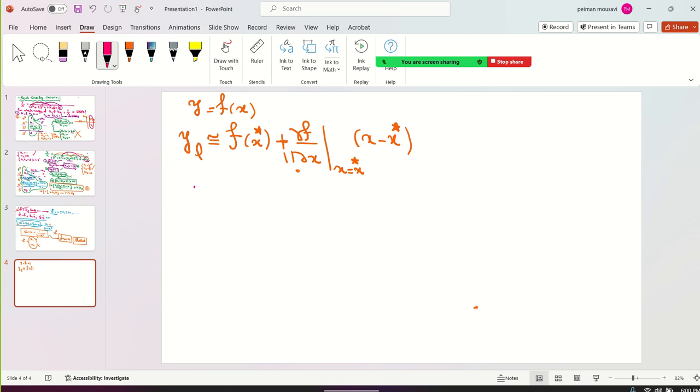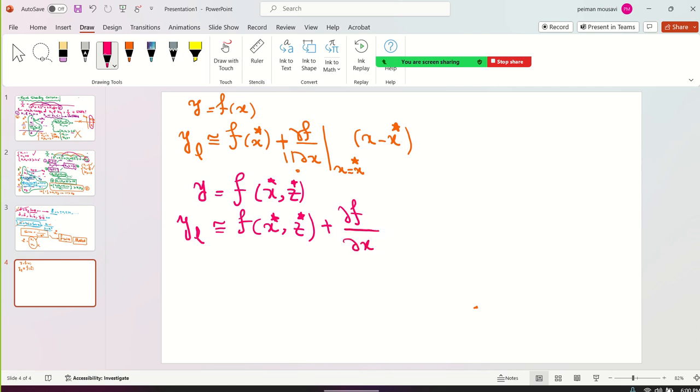Now, what if your function has two parameters, x and z? I'm going to give you a hint. So here, the Taylor series can be written as this. You have to find two equilibrium points of the system. So it's going to be f at the equilibrium point of x and the equilibrium point of z, plus round f over round x at where?